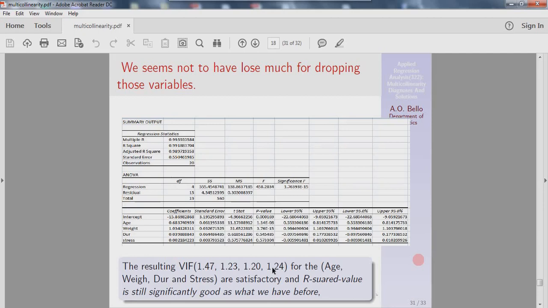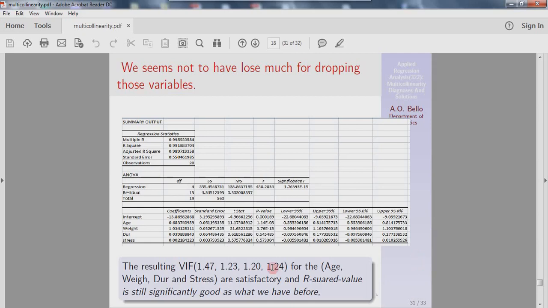So we now find for age, all our variance inflation factors at this point are closer to 1, so we have nothing to worry about, and our R squared value is still very large, and our model in general is statistically significant as we had before.